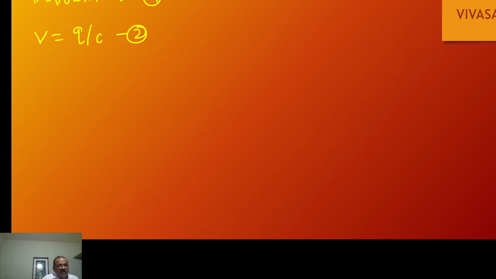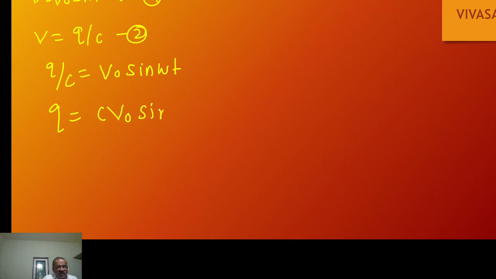The left-hand sides of these two equations are equal, so Q upon C is equal to V naught sin omega t, or you can write Q is equal to C V naught sin omega t. This is equation number 3.